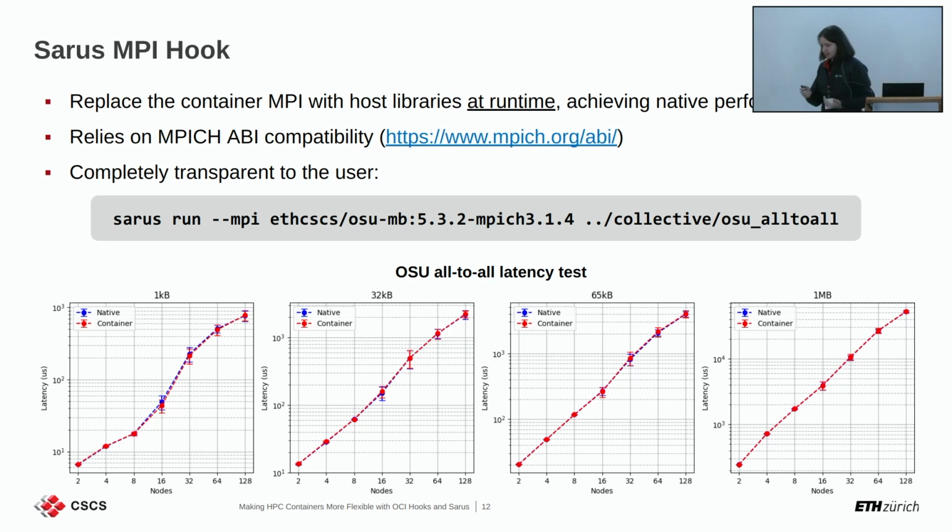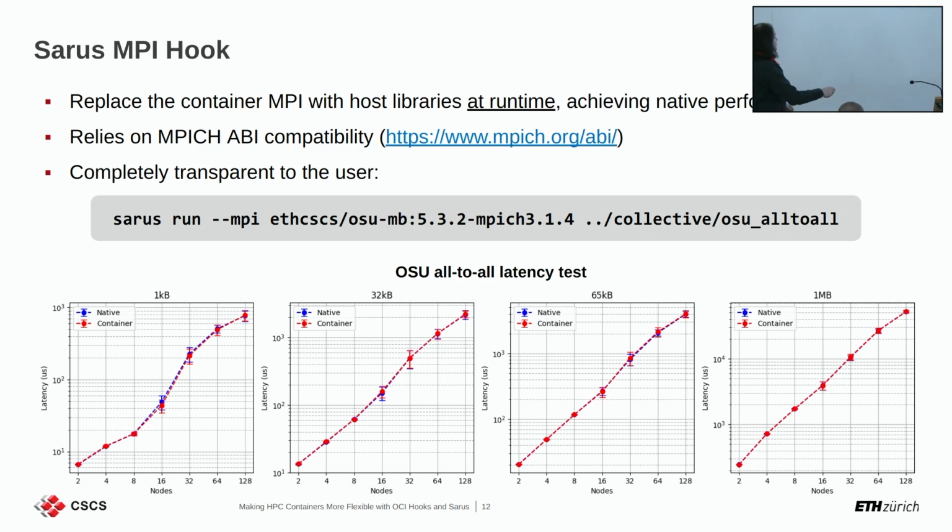In fact, Sarus offers a convenient command line option, --mpi, to trigger the hook and this replacement. So this is very convenient for users, who don't need to know the intricacies of how the image is created, where stuff is located in the image, or where stuff is located on the host.